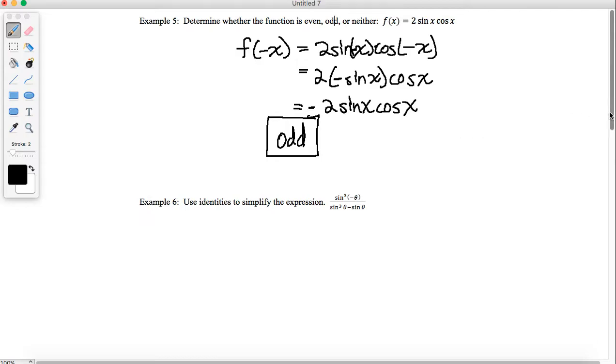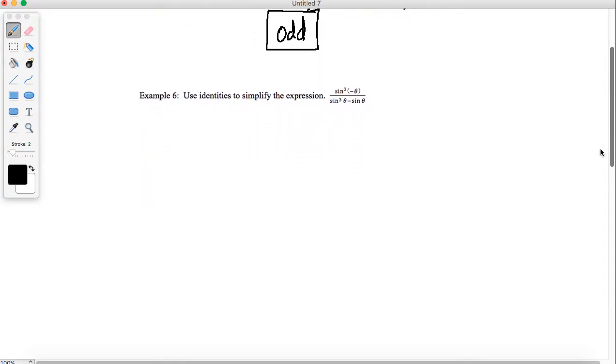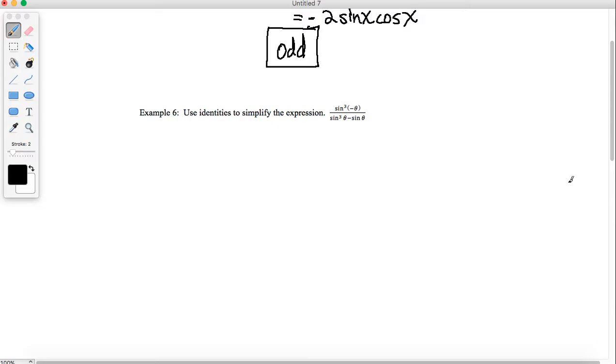Okay? Example 6, use identities to simplify the expression, right? I have sine cubed of negative theta over sine cubed theta minus sine theta, okay? So one of the things about identities is that the angles have to all be the same in order for me to simplify the overall thing, you know what I'm saying? And so one of the things I'm going to do is use my even and odd properties to get rid of this negative theta here.